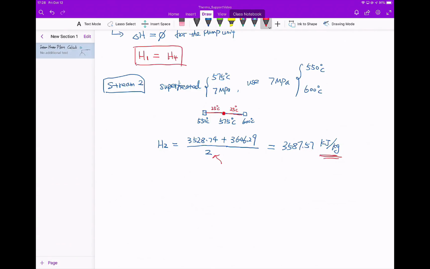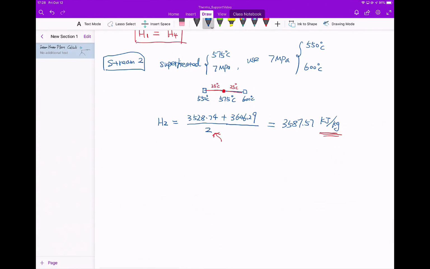Otherwise you have to use the lever rule to figure out the calculation, and I can receive the entropy of the interested steam similarly. This is 7.0155. Pay attention to the unit as well, kilojoule per kilogram per Kelvin.